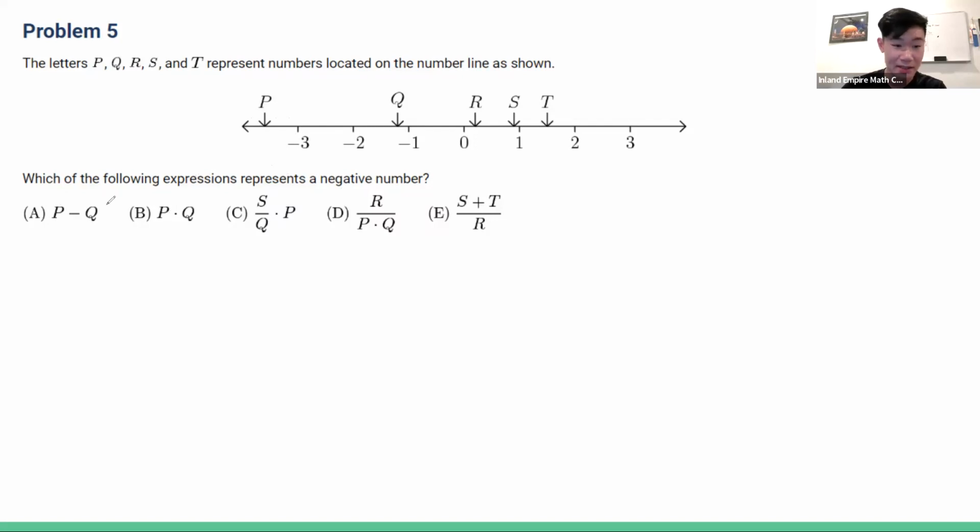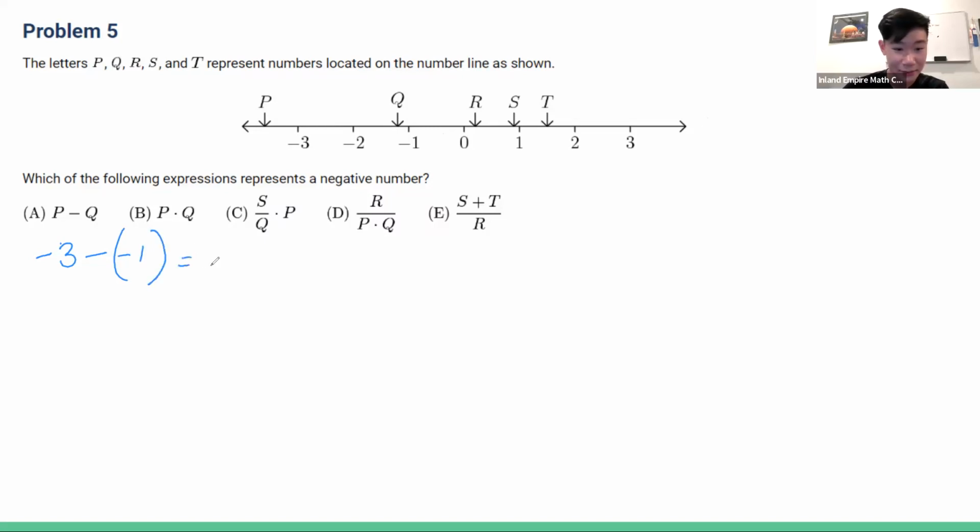So P minus Q. Well, I would have a negative number minus another negative number. So this is a smaller negative number, right? So -3 or something, minus a bigger negative number. And by bigger, I mean closer to the positive side.